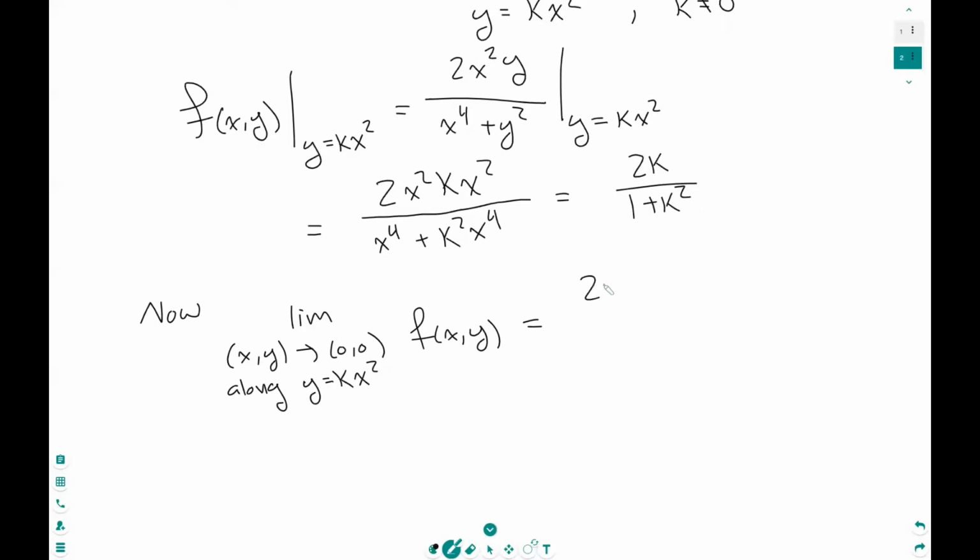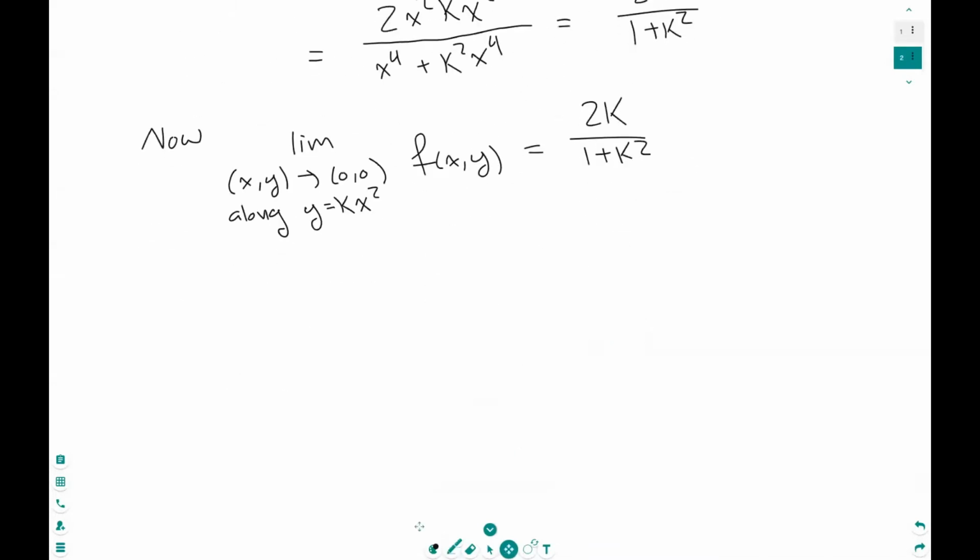It's just 2k over 1 plus k squared. But k can be any real number.